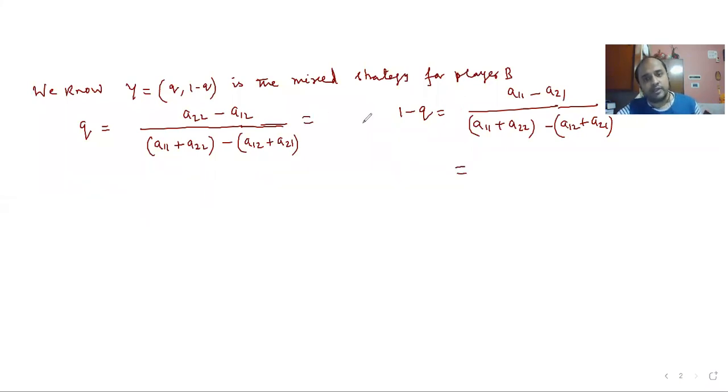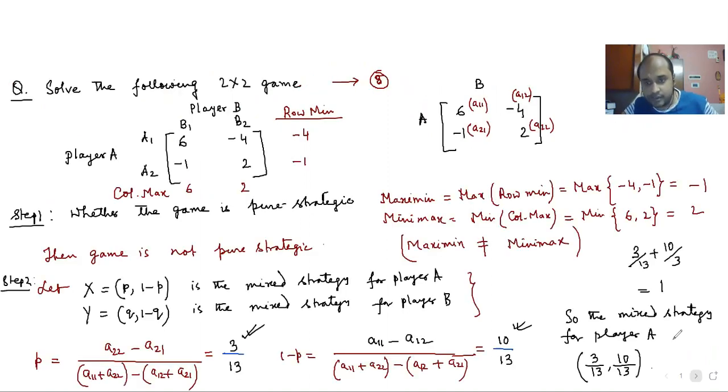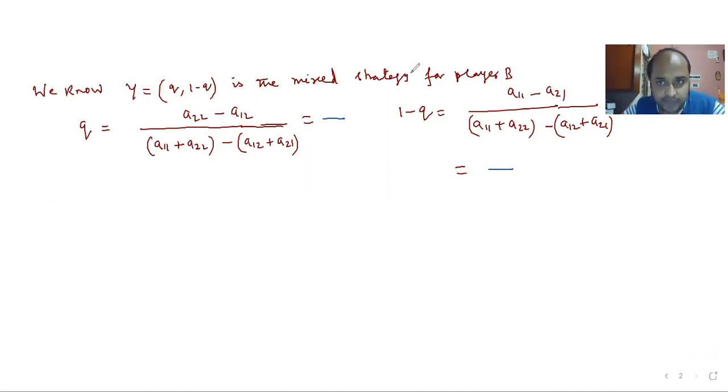Okay, so now you just put the values and tell me what is the probability here. This is the matrix which is in front of you. You have already copied the matrix. So just tell me what are the values for this.